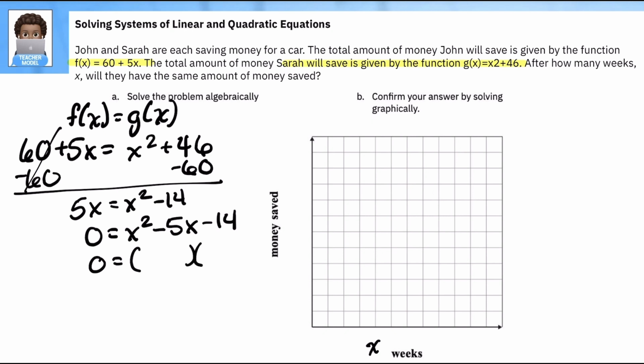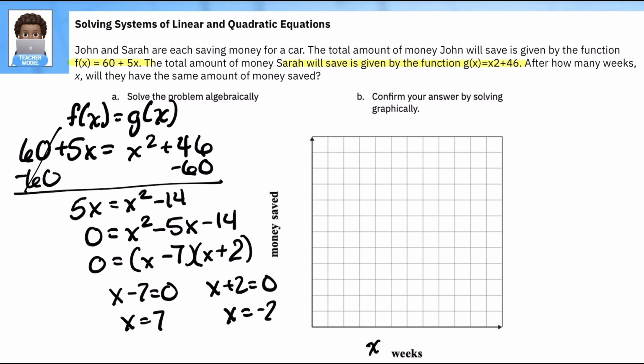All right, we're going to factor: 14 and -14 factors that add up to -5, so we want the higher factor to be negative. And that gives us x equals 7 or x equals -2.